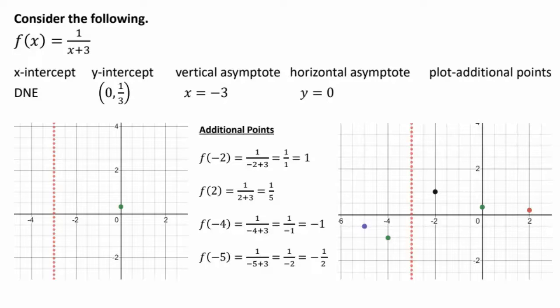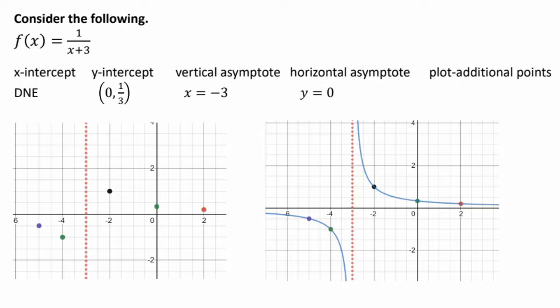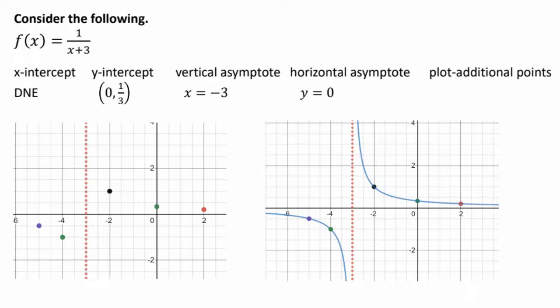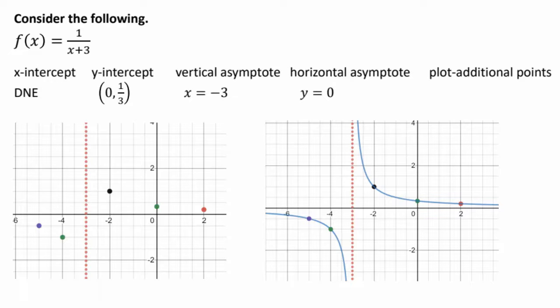These are my points. If we know our parent functions, we would see that these are kind of like parabolas that come close to our asymptotes but never cross or touch. And we're cheating here. We're using the computer to draw it, not by hand, because it becomes all squiggly lines. All right.